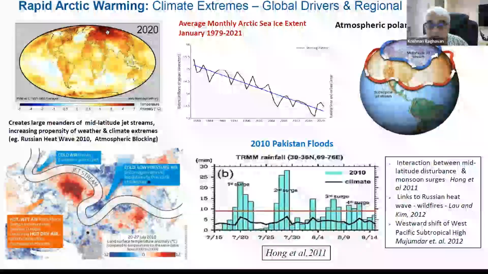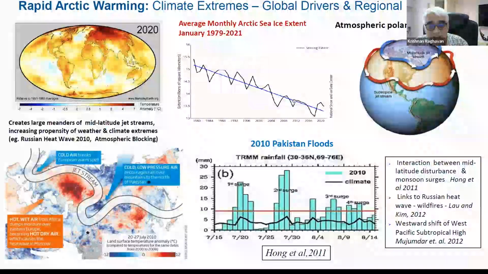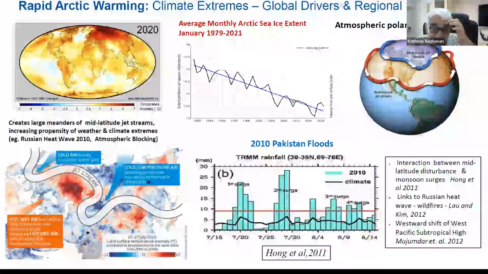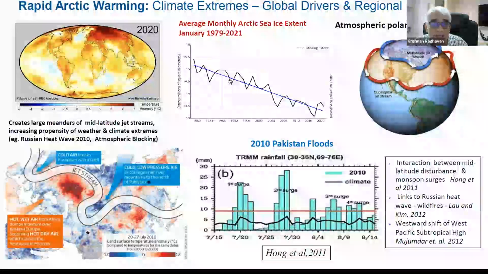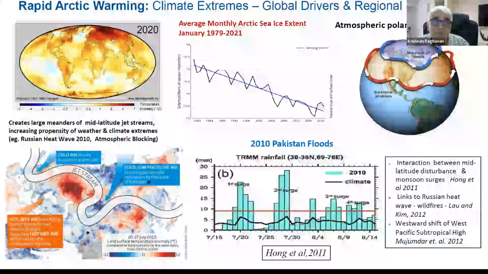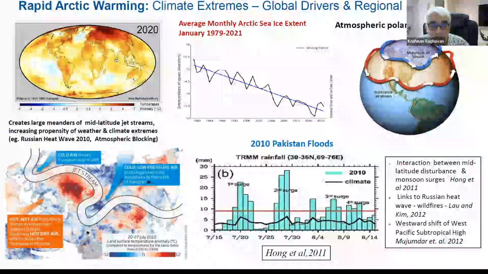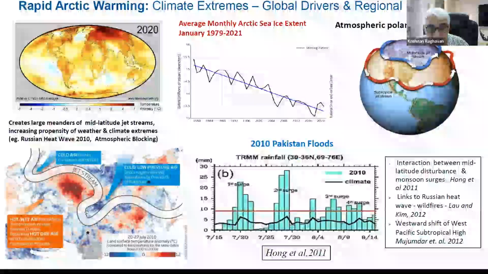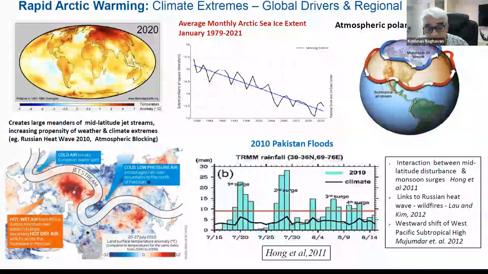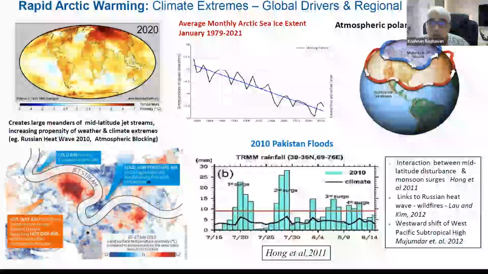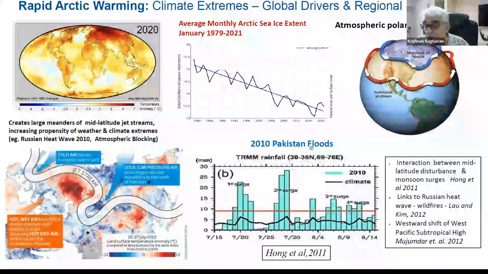Due to the decrease of the Arctic sea ice, the albedo decreases, and due to the decrease in the albedo, the warming is further amplified due to absorption of radiation. So there is a positive feedback, the warming increases, and then the meanders in the jet stream can affect temperature extremes in the mid-latitudes. Some studies have also discussed that they can influence precipitation extremes in the subtropical areas.